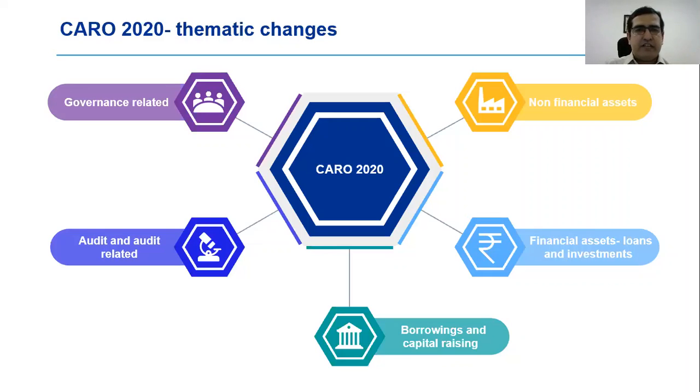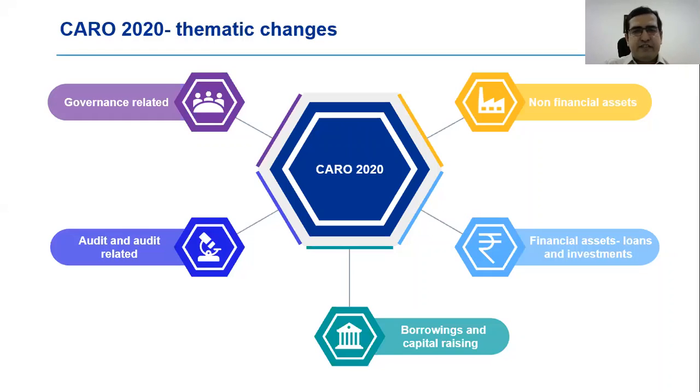We then turned our attention to the governance related clauses. Here we looked at the clauses that dealt with compliance with laws and regulations to a large extent. Most of those clauses have remained unchanged, barring the specific mention of unrecorded income, which was offered for tax as part of the assessments but was not recorded in the books.